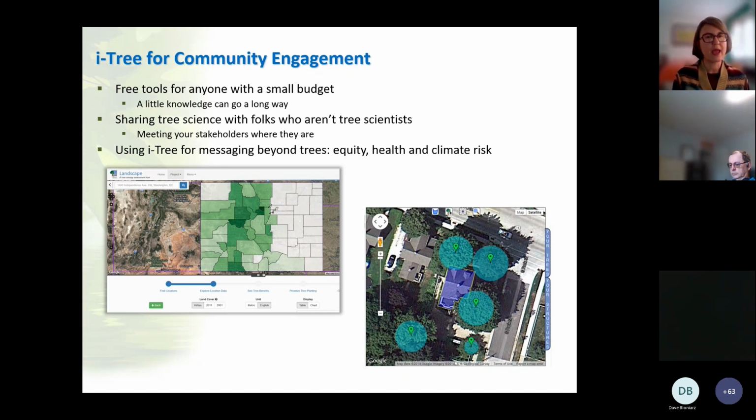And it gives you a way to talk about trees in a lot of different ways, from benefits to reaching out to contextual topics. Community engagement doesn't always just mean community organizations. We have people who come to iTree from all sorts of disciplines, whether they're working with county and municipal tree care programs.